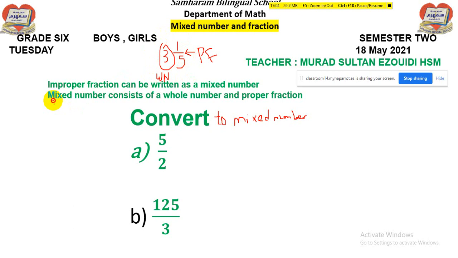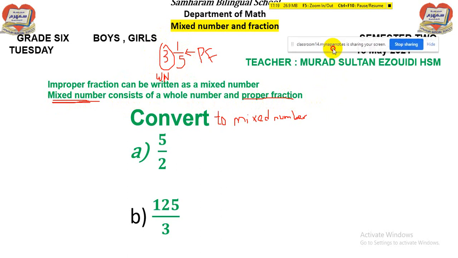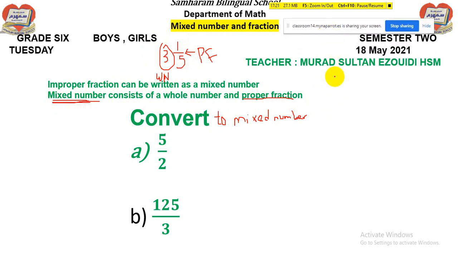This definition is very important: a mixed number contains a whole number and a proper fraction. A proper fraction, like 1 divided by 5. Why is it a proper fraction? Because the numerator value 1 is less than the denominator value.